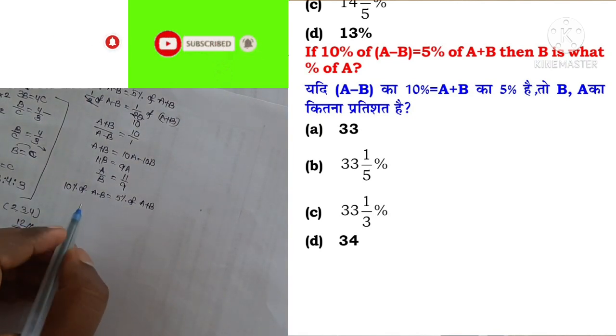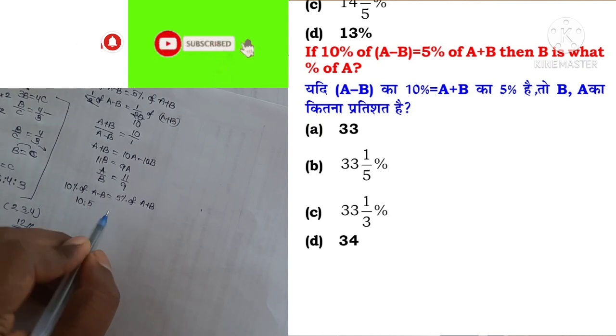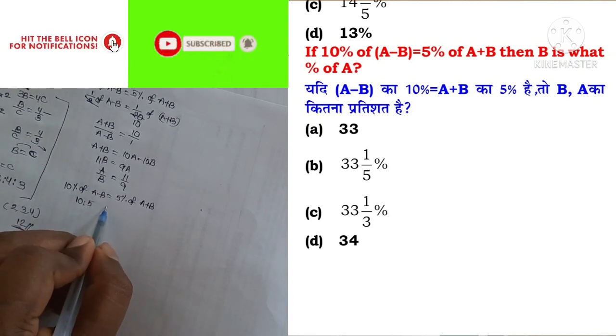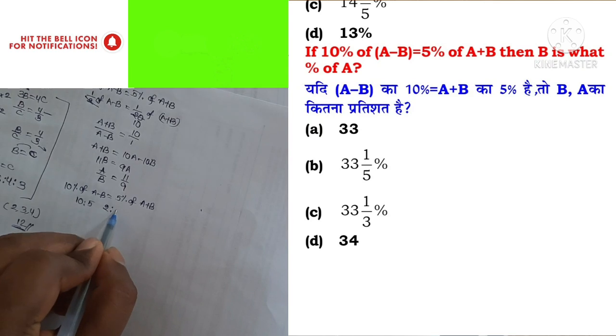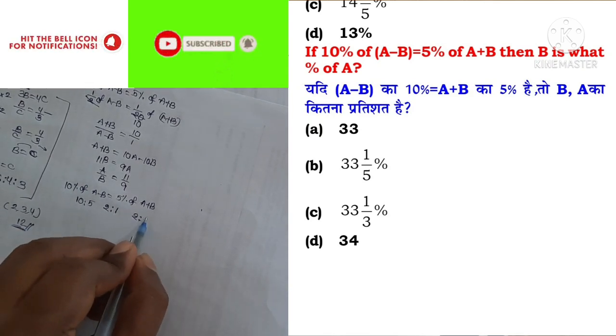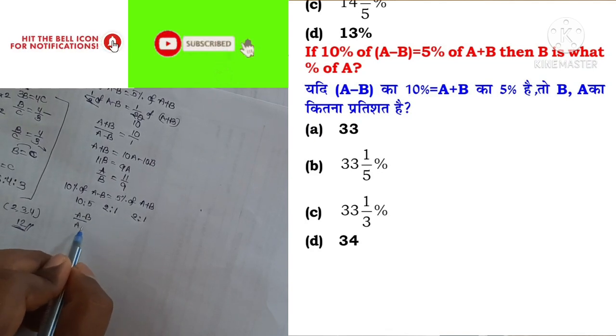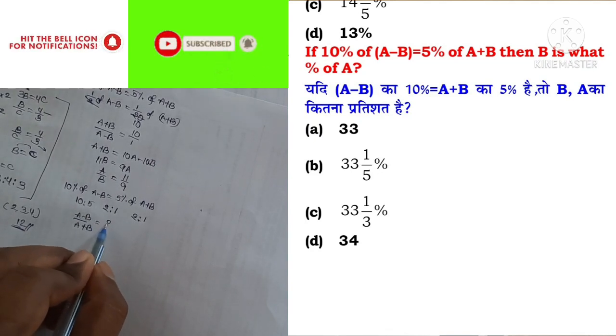Here the percentage ratio is 10 is to 5, the value is 2 is to 1. So the numbers are in the ratio of 2 is to 1. So (a minus b) by (a plus b) is equal to 2 by 1.